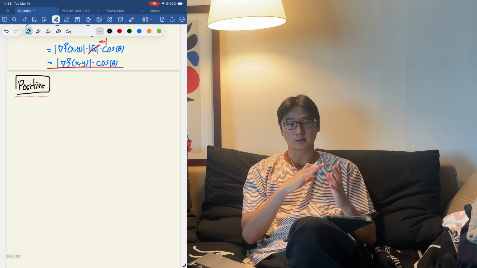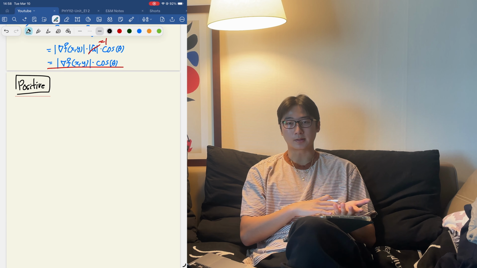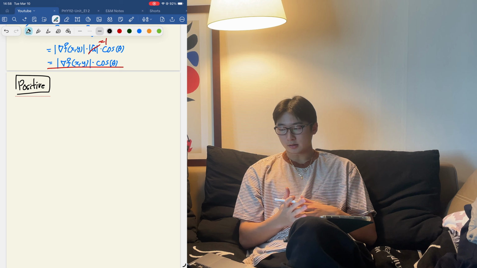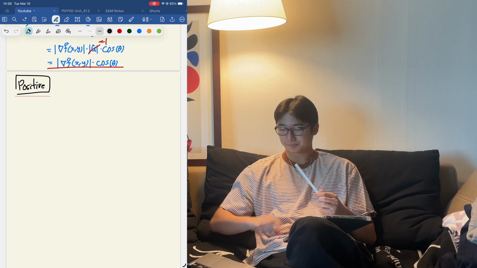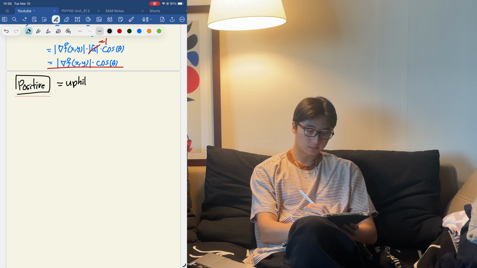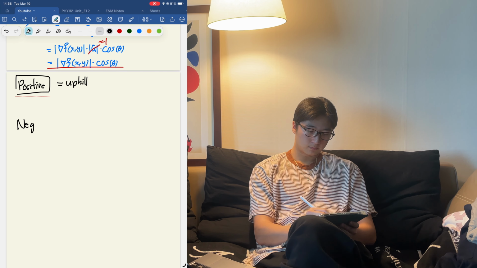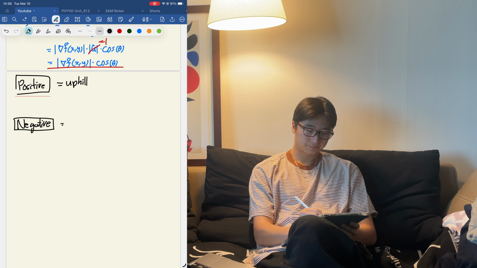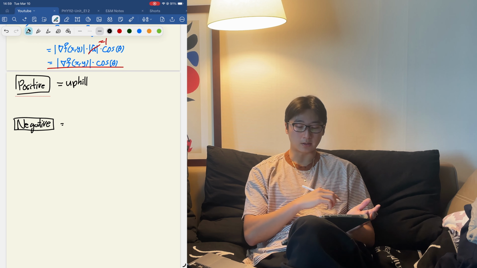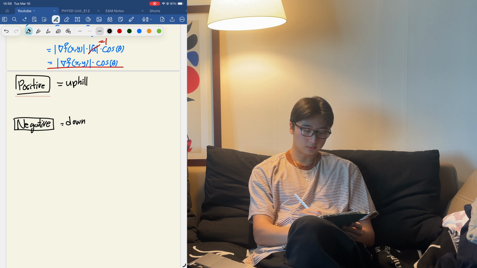So if the directional derivative has a positive value, the function increases. In other words, you are walking uphill. If it is negative, it's the opposite. You are walking downhill because the function decreases.